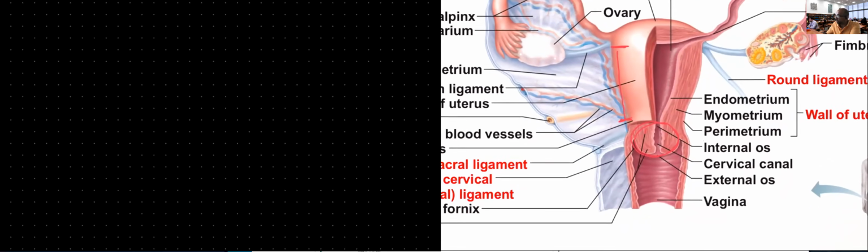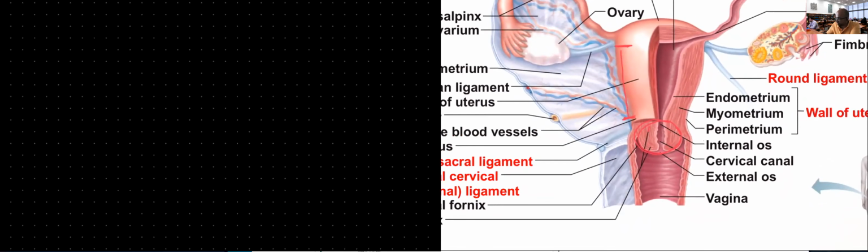Looking at the different parts of the cervix, we can see an internal opening that connects the cervix to the endometrial cavity, and an external opening that connects the cervix to the vaginal canal. And we've got a tiny canal that connects both openings to one another.